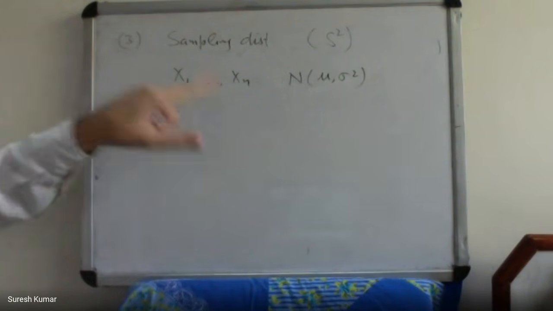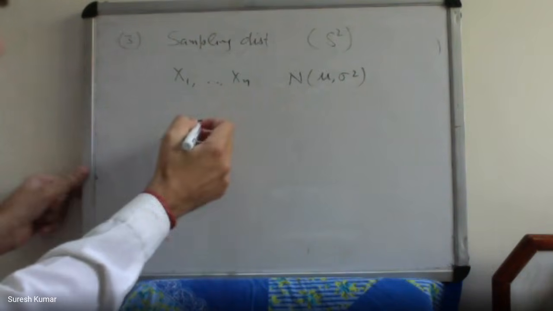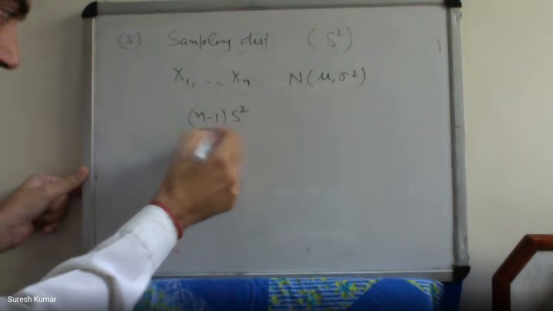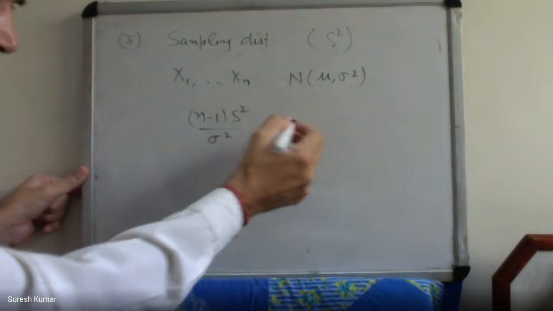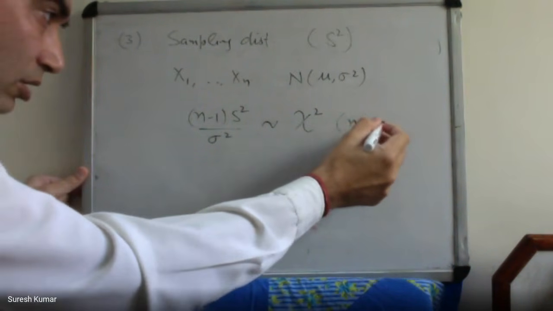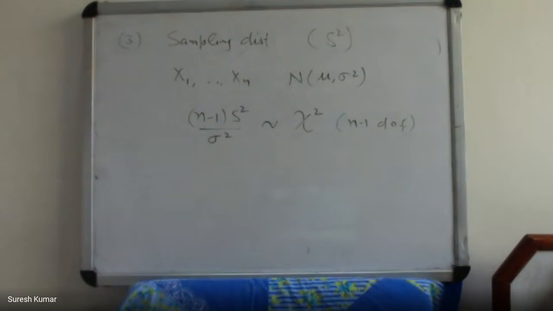The random sample is taken from a normal population with mean mu and variance sigma square. Then the statistic n minus 1 times s square over sigma square follows a chi-square distribution with n minus 1 degrees of freedom.